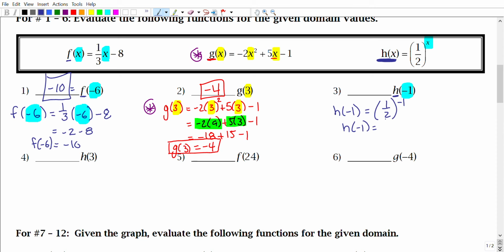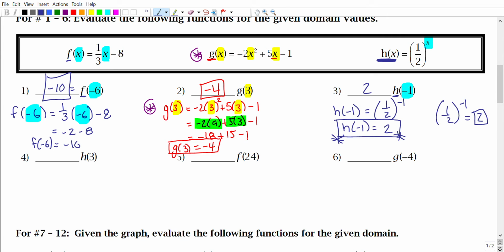That's just 2 over 1, which is just 2. Okay? Or if you want to go ahead and use your calculator, go ahead and type it in as 1/2 raised to the negative 1, and you'll notice you're going to get 2 as an answer. Okay, so this right here is your final answer. So go ahead and write it up top on your line.